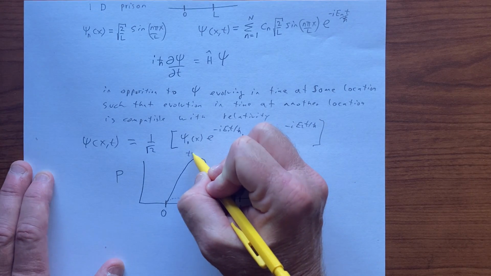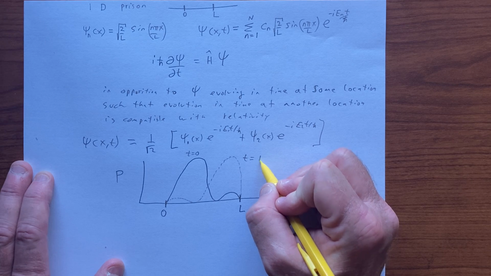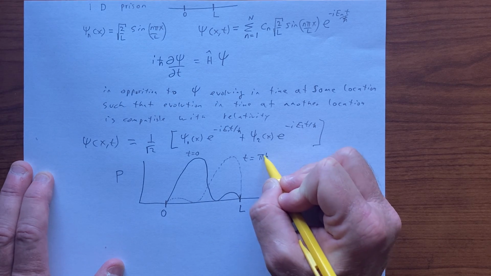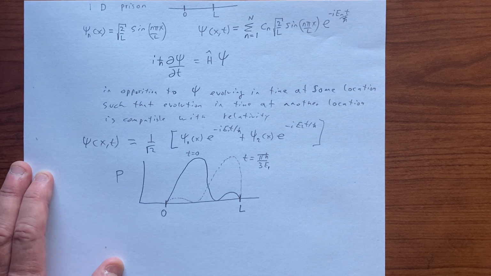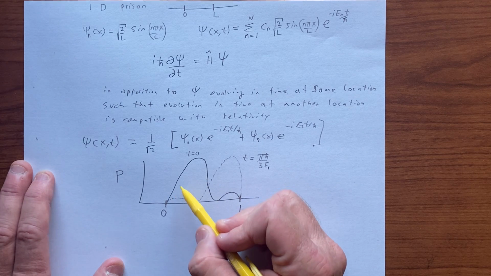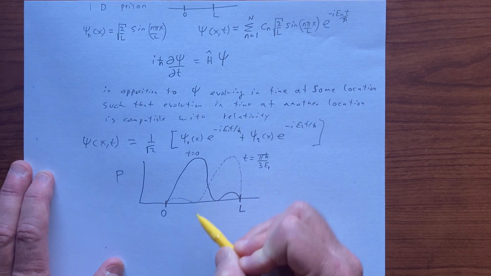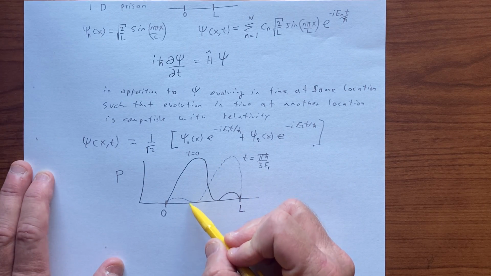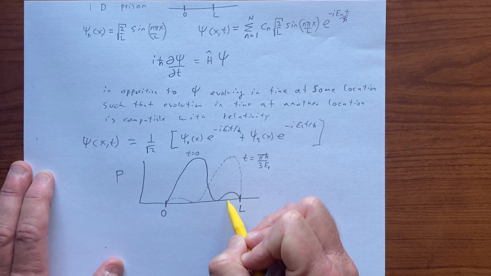So this is at t equals 0, and this turned out to be at a time which is pi h bar over 3 times the energy E1. So we have a particle who has a large probability of being found somewhere here, and then at that time has the same large probability of being found over here.